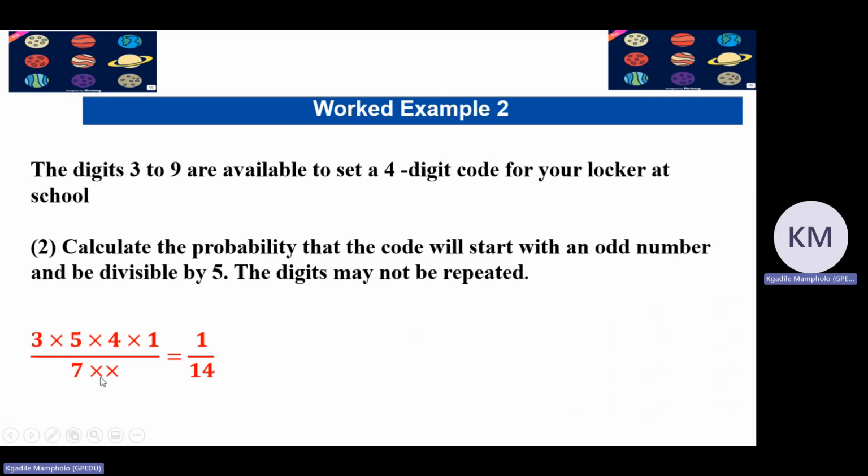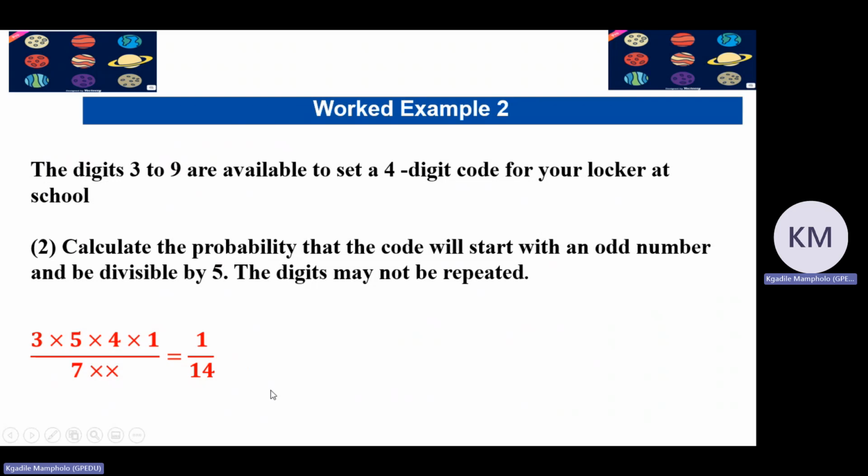the denominator will be 7 times 6 times 5 times 4, because now we talk about a 4-digit password. It will be 7 times 6 times 5 times 4. That's the total, because now we are talking about a 4-digit code.